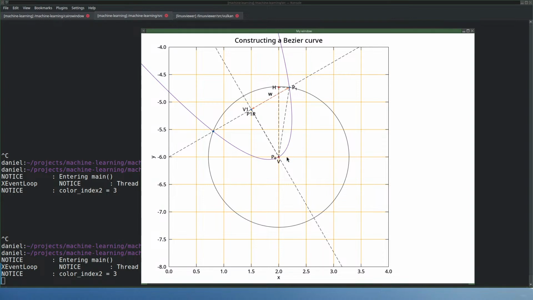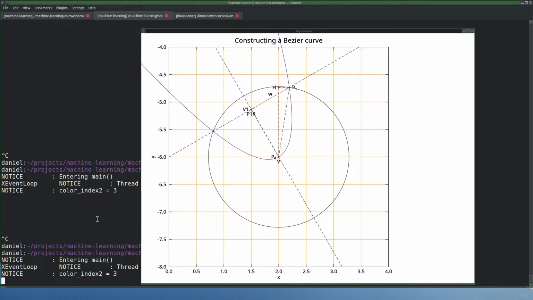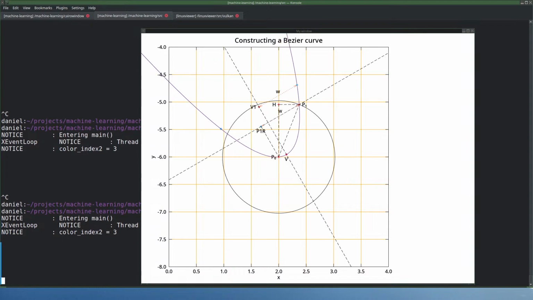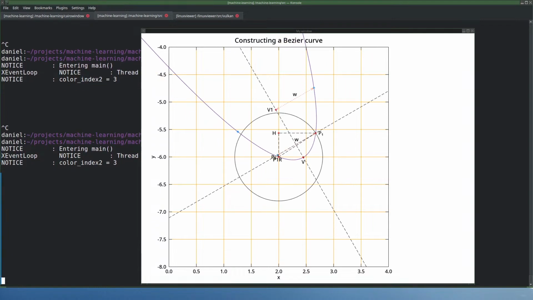For example, in this case, it looks like this. But it could also look like this, which is definitely a different curve. In this case, it's a different part of a parabola, which would correspond to a quadratic Bezier curve.